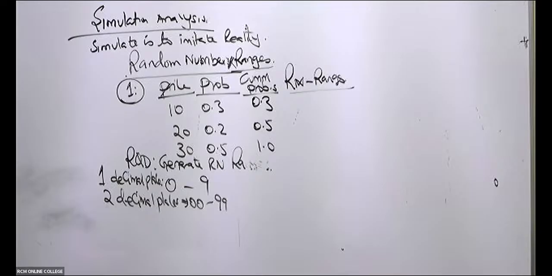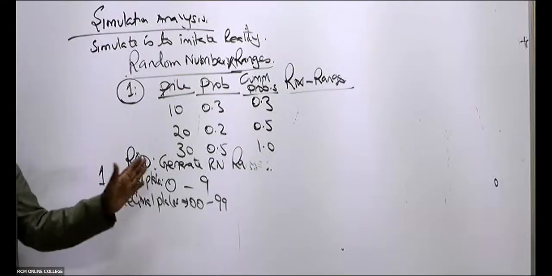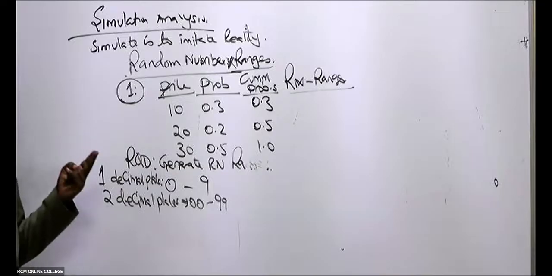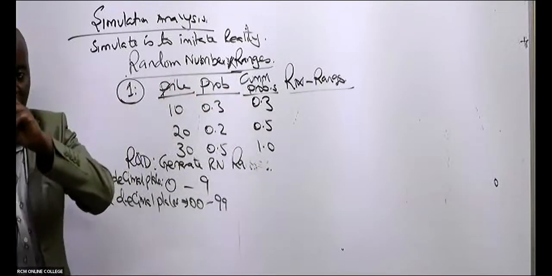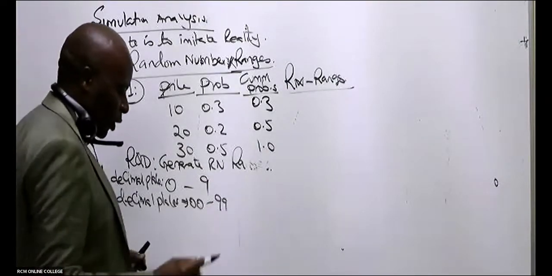So generate random number ranges. The random number ranges we shall be generating depend on the decimal places. When you have only 1 decimal place, this is how the random number ranges will look like, 0 to 9. If there are 2 decimal places, we talk of 00 to 99. How many decimal places do we have here? 1. So look at what I will do to get my random number range for the first class.